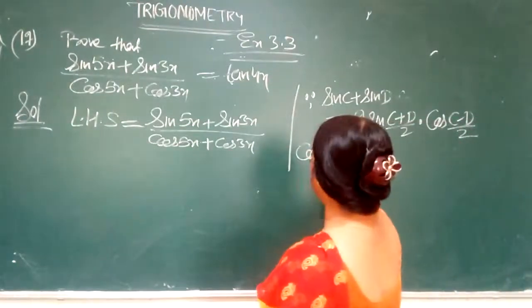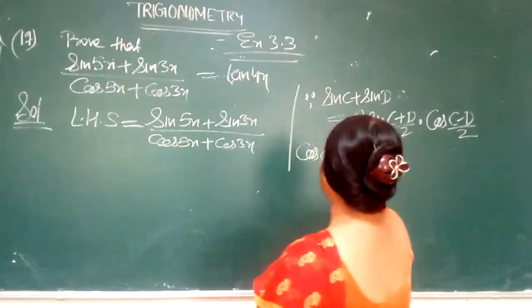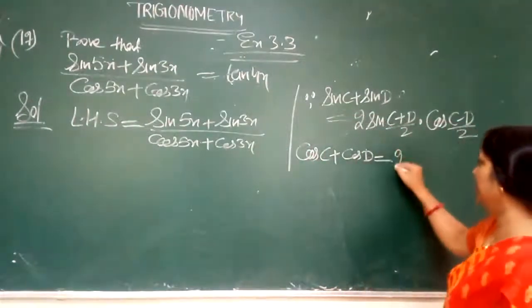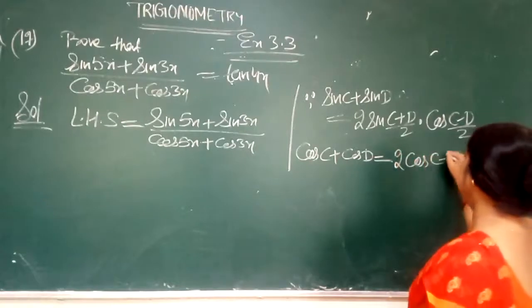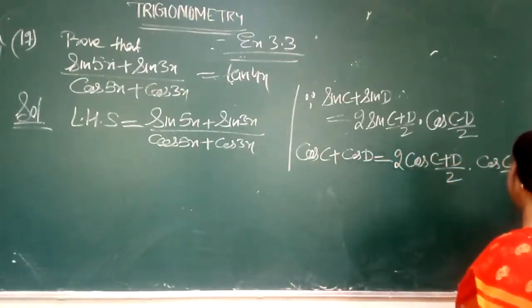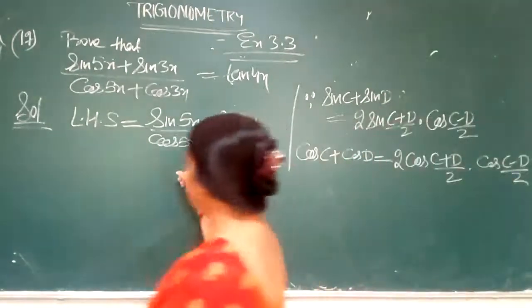The second is cos c plus cos d. It is very simple: cos is boss, so cos will come along. It will be 2 cos of (c plus d) by 2 into cos of (c minus d) by 2. So we will use these two formulas here.